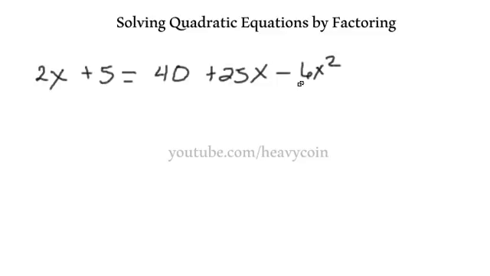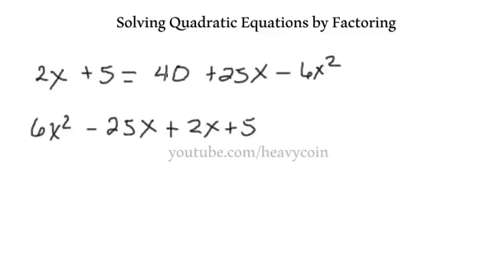So I'm going to take this negative 6x squared over to the left, and it becomes a positive 6x squared. Taking this 25 over, so minus 25x, and we have plus 2x, of course that comes from here, and then plus 5, and then taking this 40 over is going to be minus 40, and it's all equal to 0.